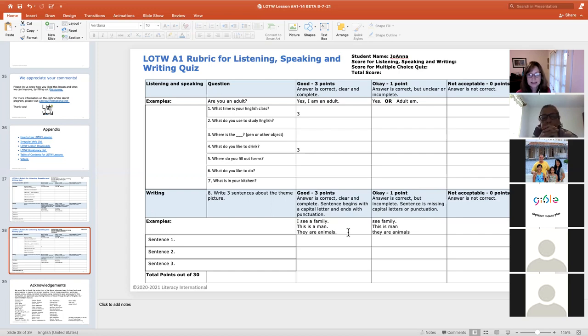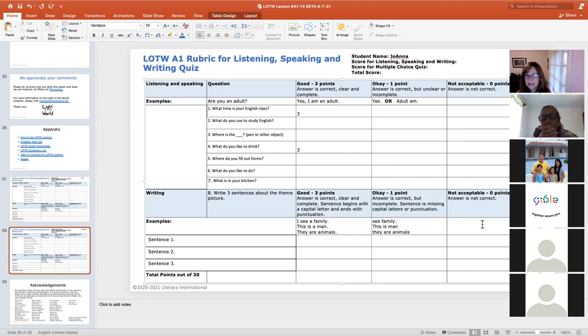They are correct, they are clear, they're complete, they have a capital letter and a period at the end. If they are correct but incomplete, like they forgot a capital letter or a word, or they don't have punctuation, they would only get 1 point. And if the answer is not correct, they use the wrong word or they just say, I don't know, they're going to get 0 points for that.